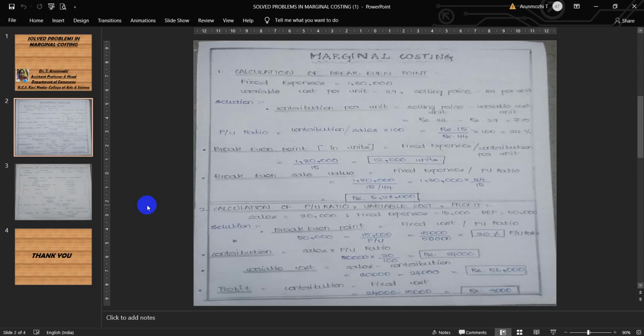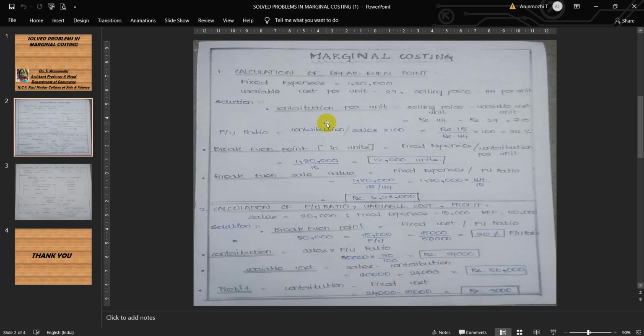Contribution per unit is equal to selling price per unit minus variable cost per unit. Hope in my previous videos I have given the formulas. So here we have 44 rupees minus rupees 29. You get rupees 15 as contribution per unit. Next, PV ratio.